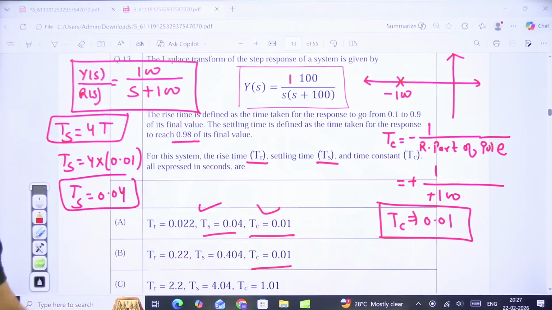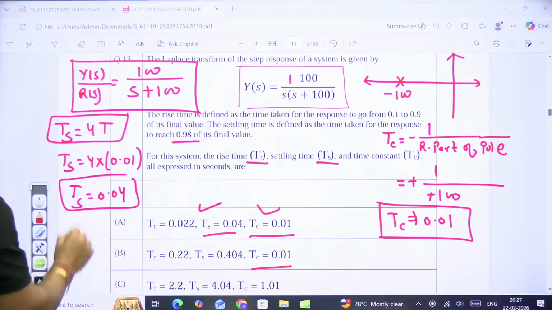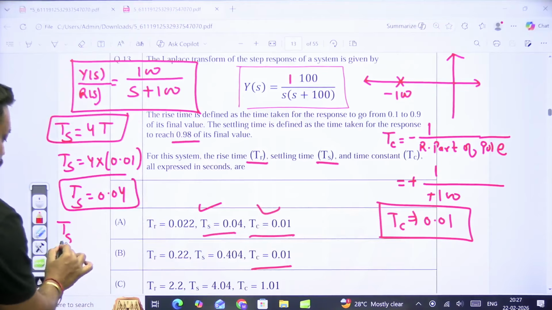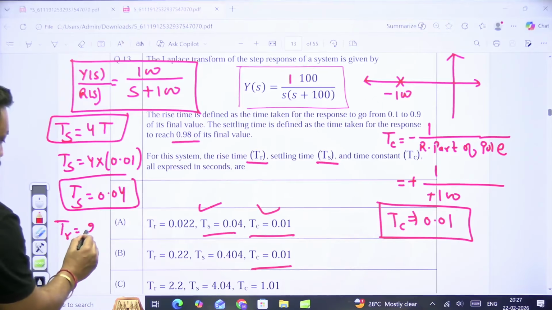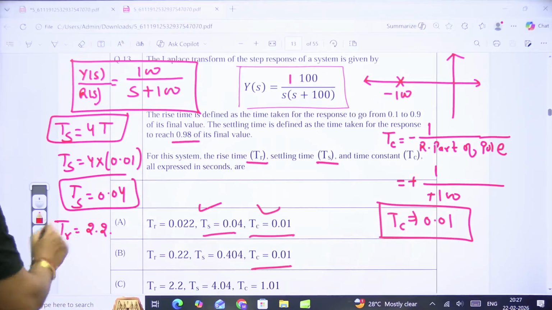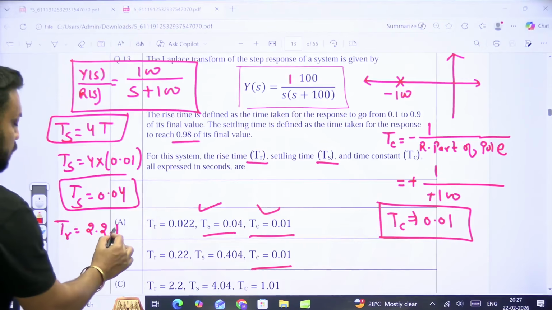Now student, last thing, we are left with only the rise time. Do you know the rise time formula for the first order system? It is approximately 2.2 times the time constant.